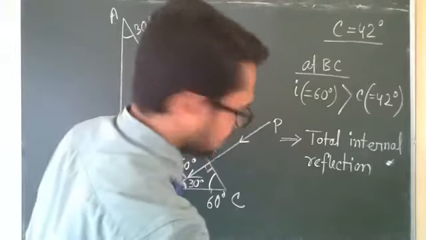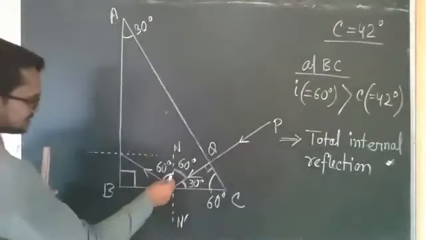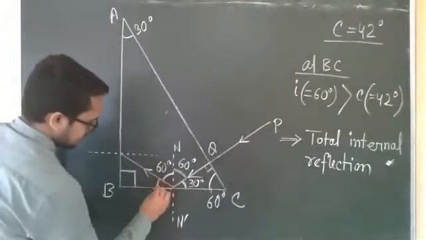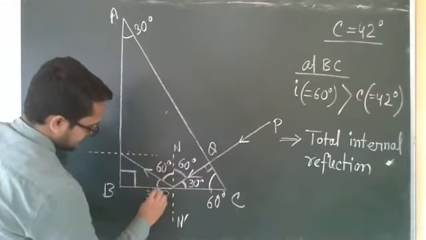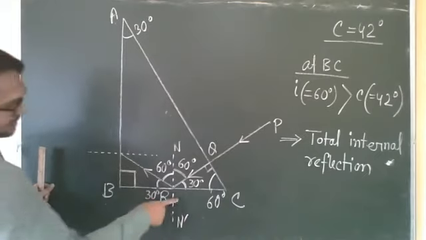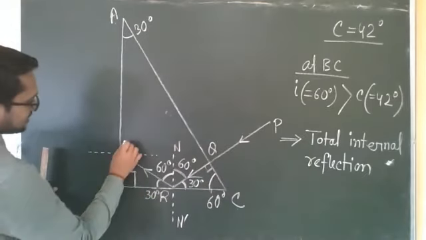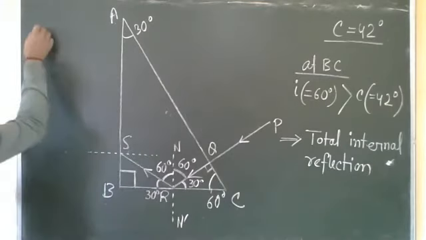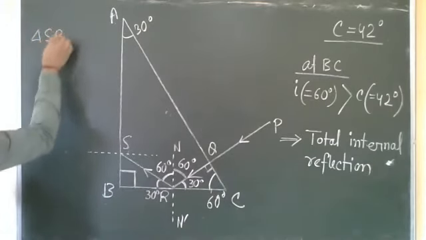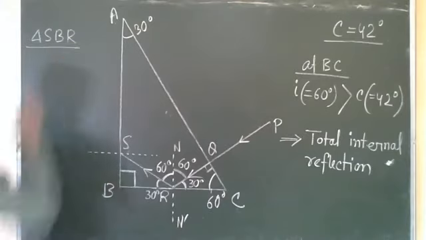So here, this is 60, which means this is 30. Take this triangle, PQR. This is S. So triangle SBR. We know two angles.